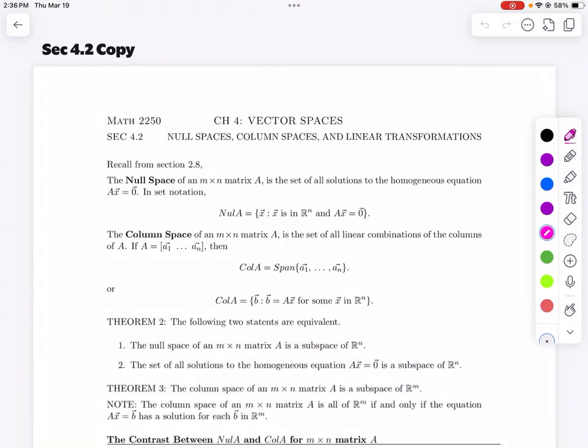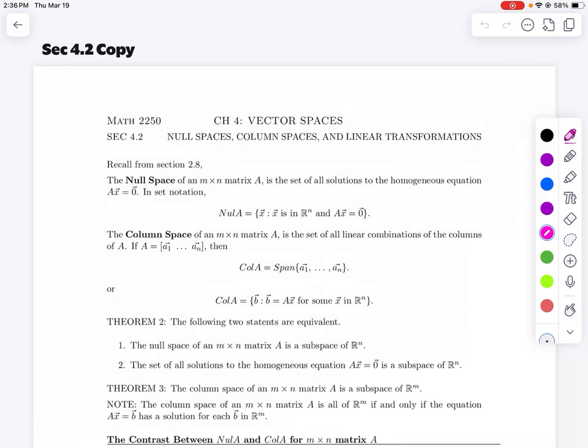Welcome back, section 4.2: null spaces, column spaces, and linear transformations. If you recall, these words should look familiar because we learned these concepts in chapter 1 and chapter 2.